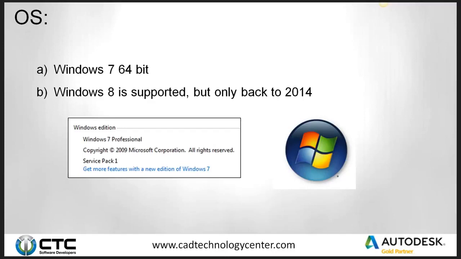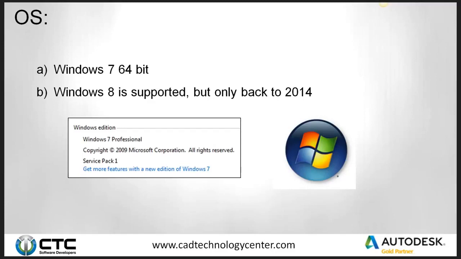I'm not sure if you can still buy a new machine and request Windows 7 and have it replaced. But Windows 8 is supported, but it is only supported back to 2014. So if I buy a new machine right now and it comes with Windows 8, but I'm still running Civil 3D 2013, technically it's not supported anymore.